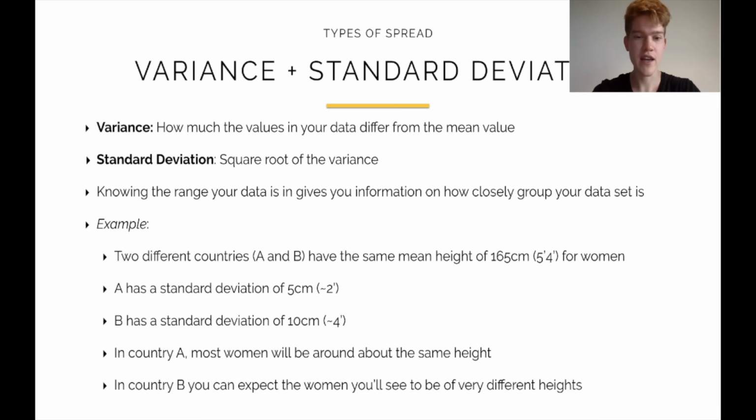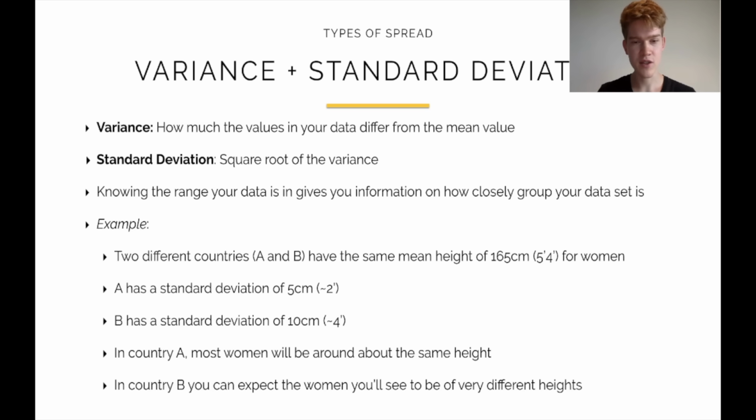Now, if country A has a standard deviation of 5 centimeters, which is approximately 2 inches, and country B has a standard deviation of 10 centimeters, which is approximately 4 inches, then what you can expect, knowing these values, is that if you go into country A, the people that you're going to see are going to be much more similar in height.